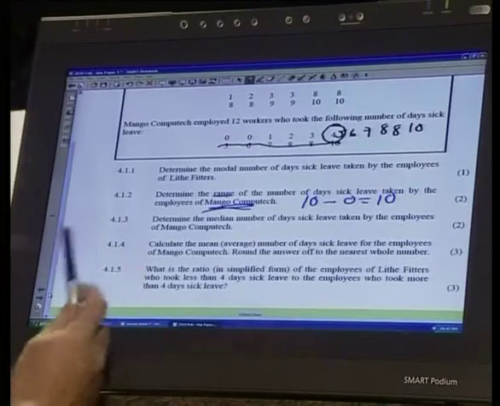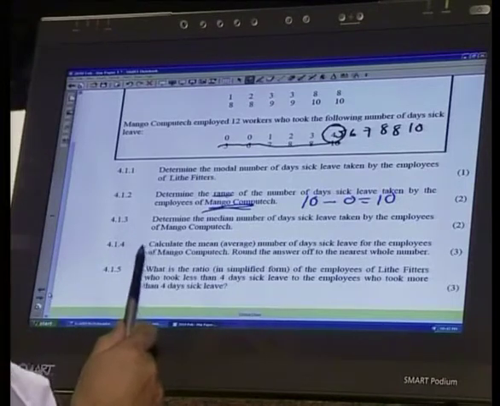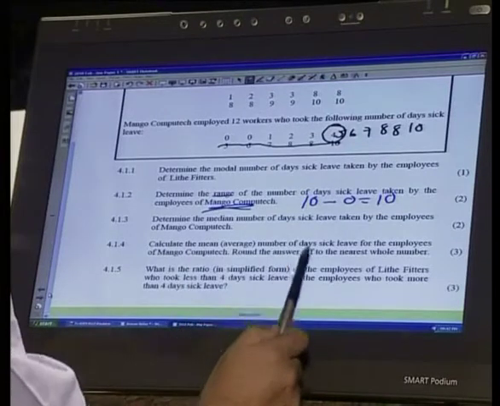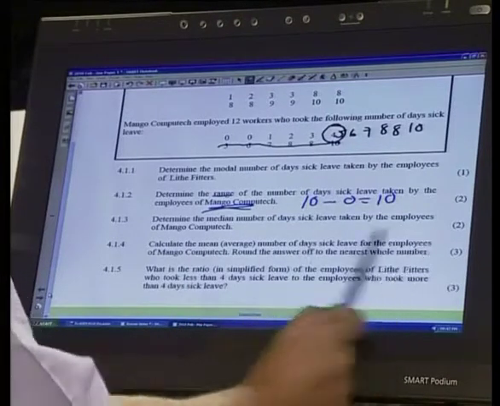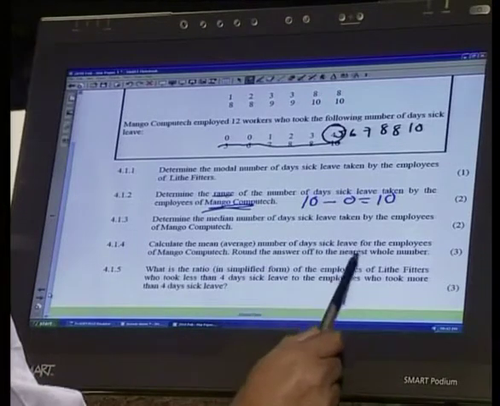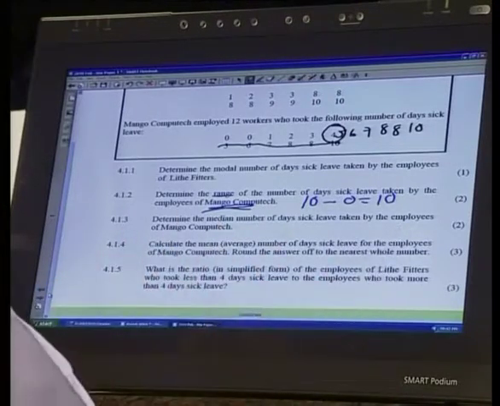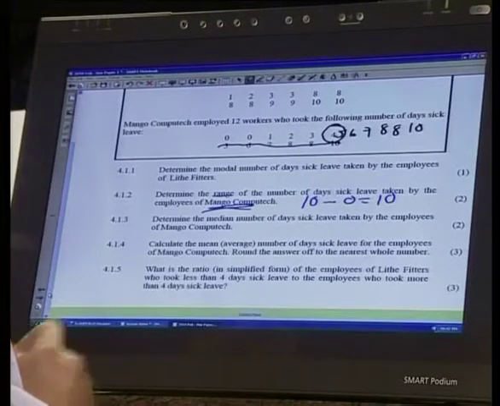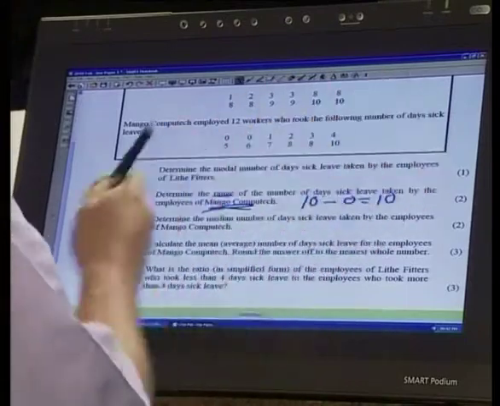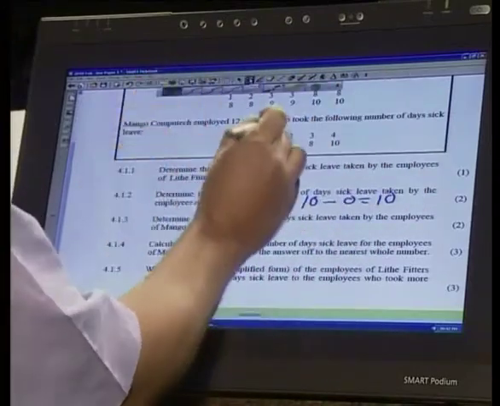Now, calculate the mean average number of days sick leave for the employees of Mango Computech. Round the answer off to the nearest whole number. Okay, so we're looking at Mango. We're going to make sure our figures are visible.